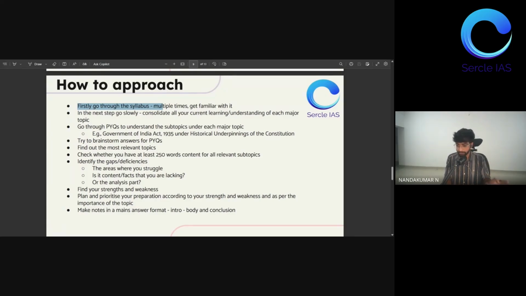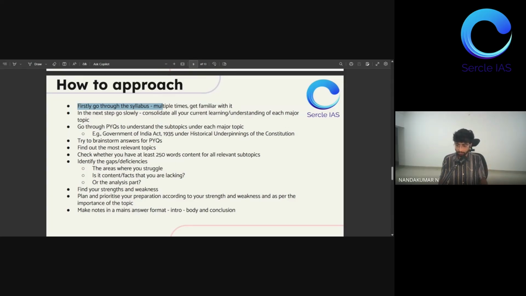So after identifying your strength and weakness, your preparation plan or strategy must be built around that. Plan and prioritize your preparation according to your strength and weakness. Also, as per the importance of the topic. And how do you understand whether a topic is important or not?